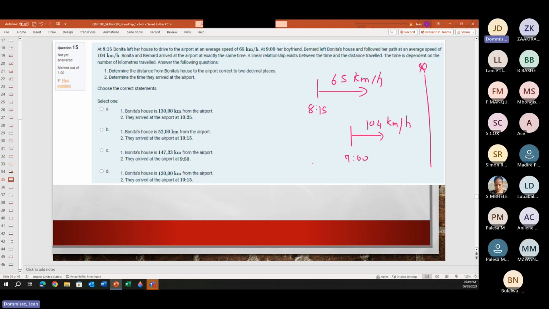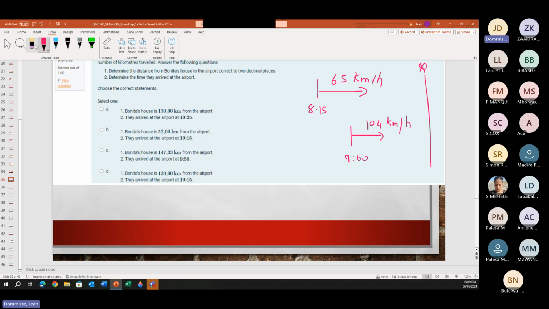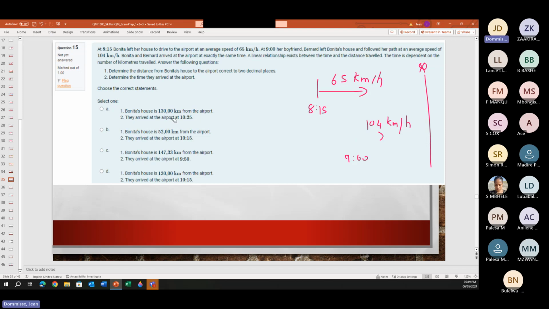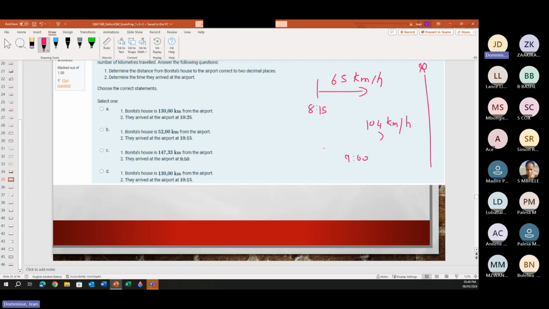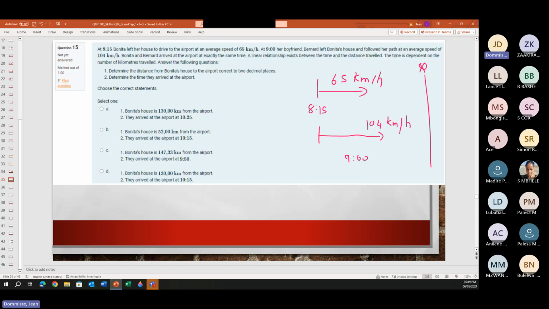Okay, so what we can say is, I'm just quickly checking all these options. Okay, so let's redraw this, so that we see it as the distance in both, and we take a bit to the front.